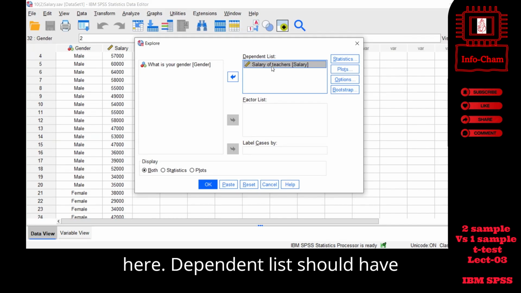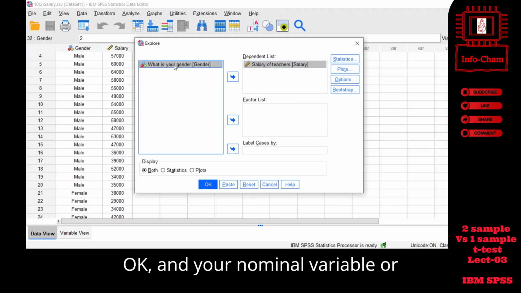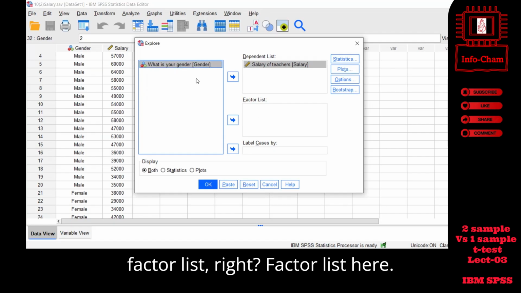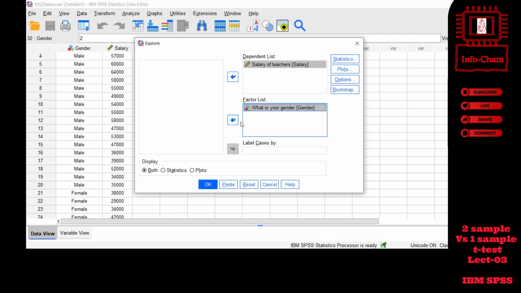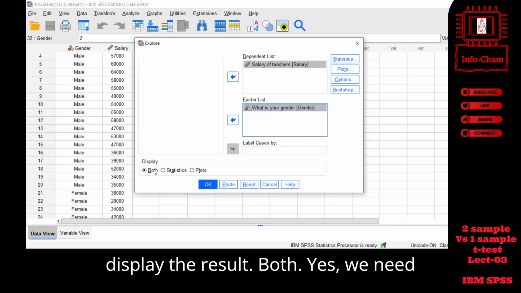The dependent list should have your test variable, right? And your nominal variable or categorical variable should be in the factor list, right? Factor list here. So please put it there. After putting it, display the result: both. Yes, we need both.